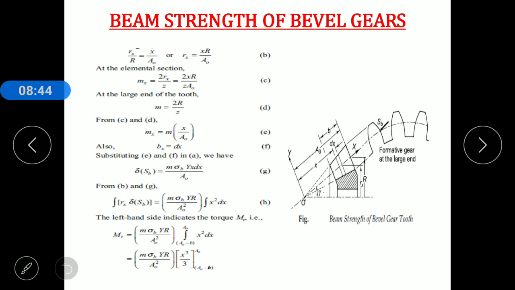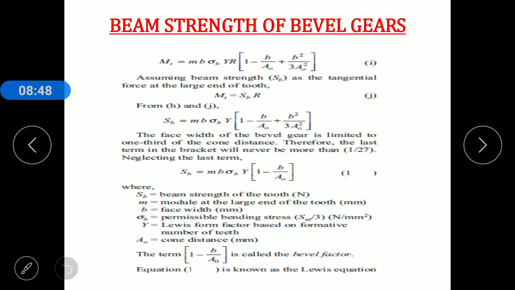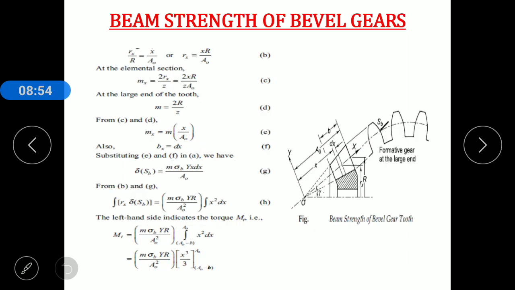Now here putting the limits in this relation. After substituting the limits, m sigma by r divided by AO square, here we put the upper limit AO cube by 3 minus the lower limit, AO minus b bracket cube divided by 3. Now here we expand the bracket.